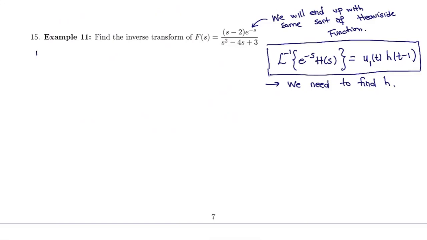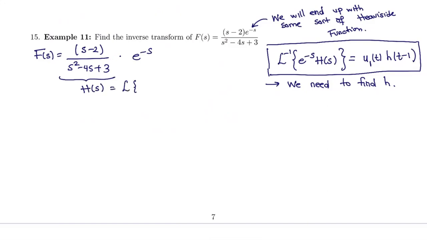So following through with the strategy that we discussed in the previous examples, I'm going to go ahead and separate everything from the e to the minus s. And let's call this here h of s, which is going to be considered as the Laplace transform of h of t.